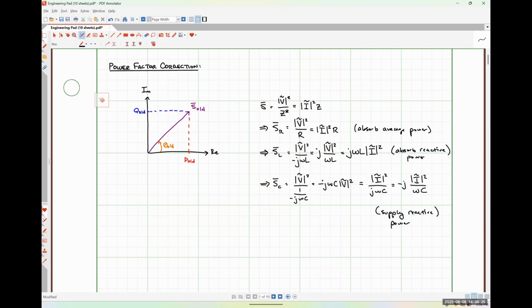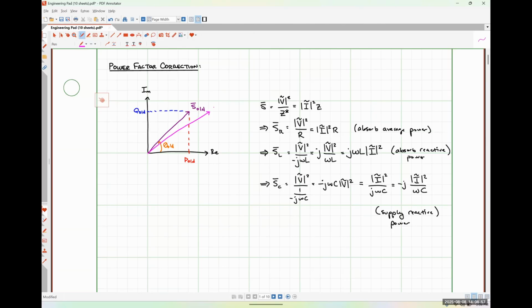Okay. So the first way that I want to discuss, and again, this is really dumb, but it's mathematically correct, would be to add resistance to our system. Okay. So if we increase the amount of average power that is being drawn by our load while keeping our reactive power constant, our power triangle would instead look something like this.